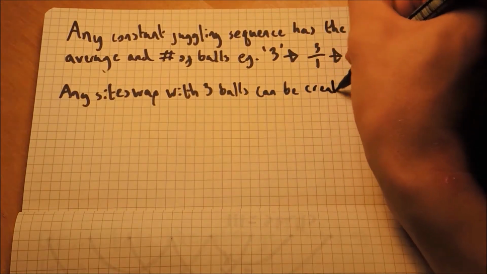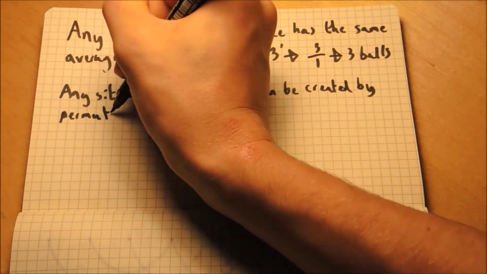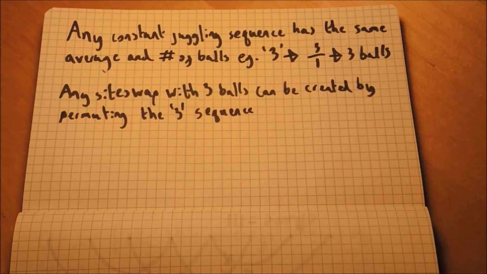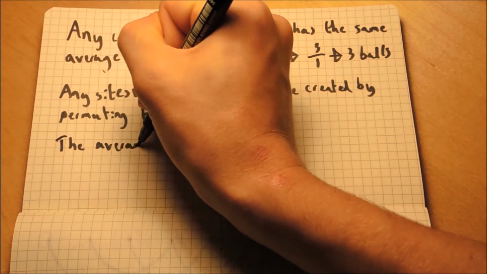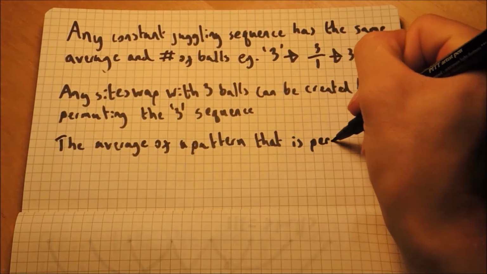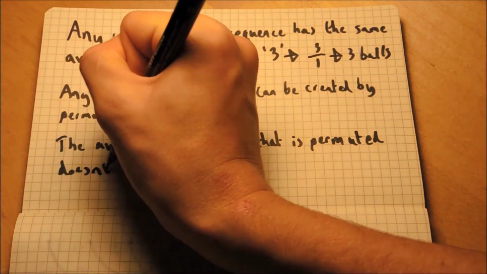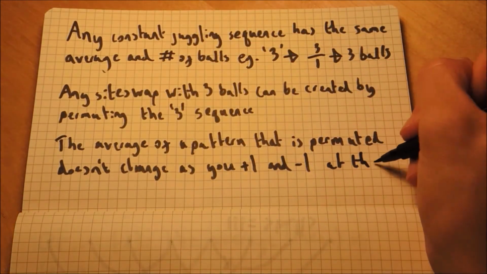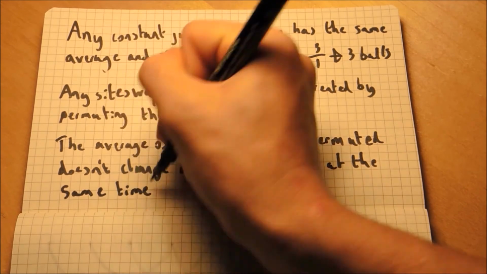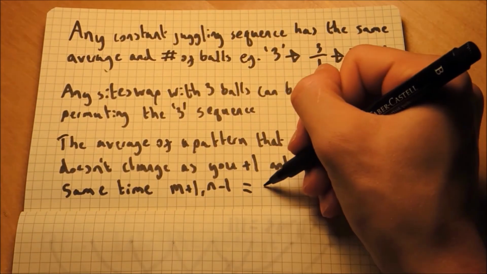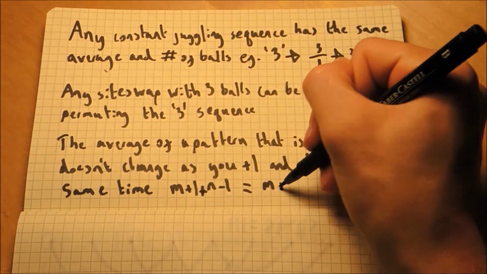First, any siteswap can be created by permuting the constant juggling sequence with the same number of balls. For example, 3 can be permuted to create the juggling pattern 4, 2, 3, which also has 3 balls. Secondly, the average of a pattern being permuted never changes, as you are adding 1 and subtracting 1 from the total simultaneously, giving a total change of 0. So, we can deduce that for any siteswap, the number of balls is the same as its average.